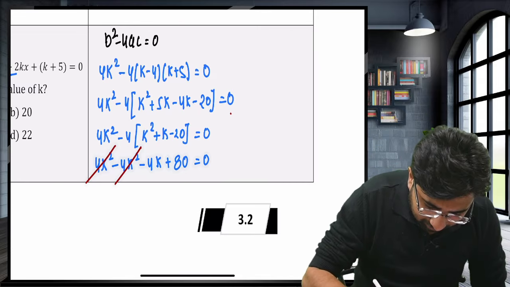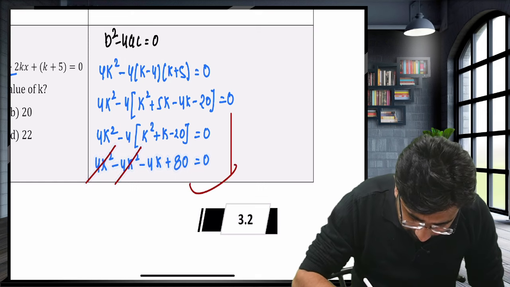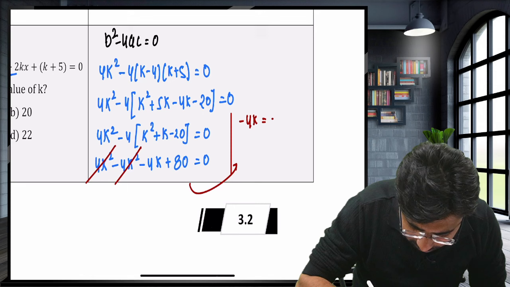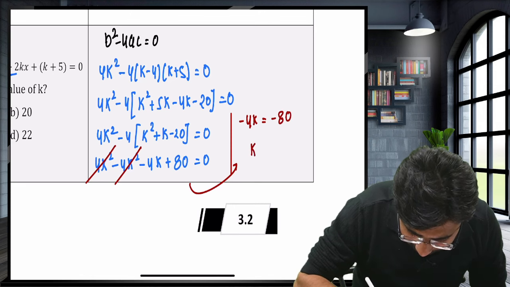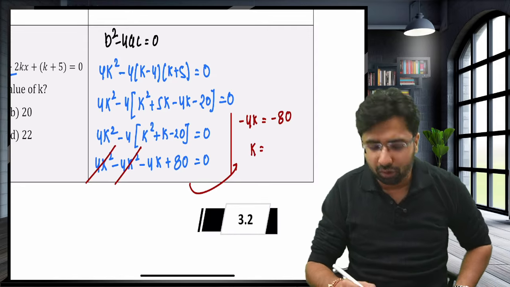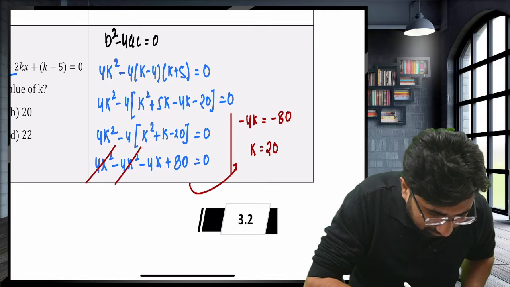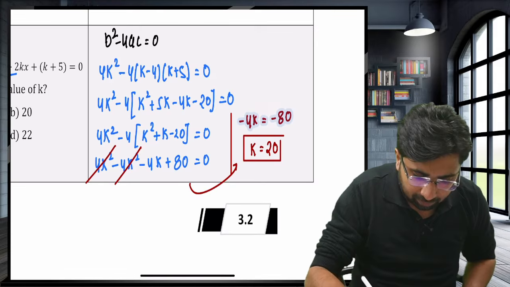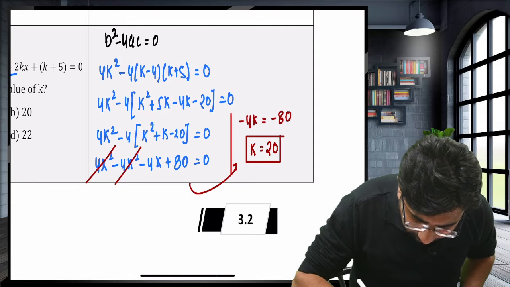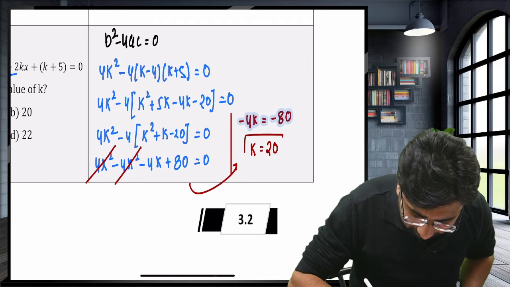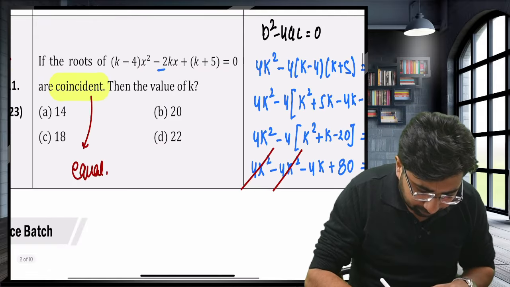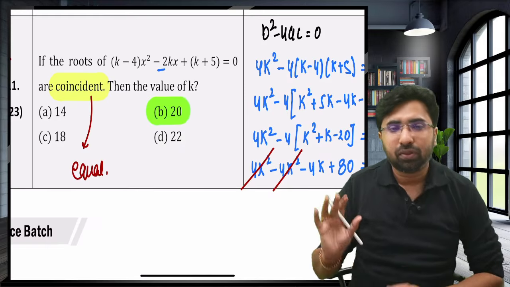Now we will have minus 4k equals minus 80. Minus minus will cancel, and the value of k will be 20. Very good, Balram, a very good answer. So the value of k is 20, and option B is the right answer.